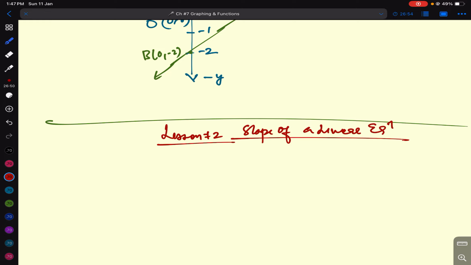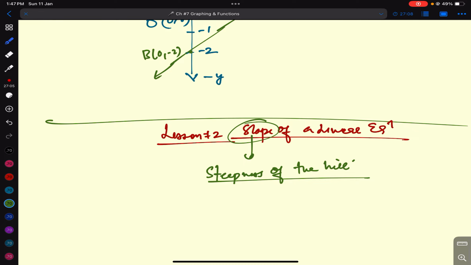Now how do we define the slope? Slope is basically the steepness of the hill. So this is what is known as slope.